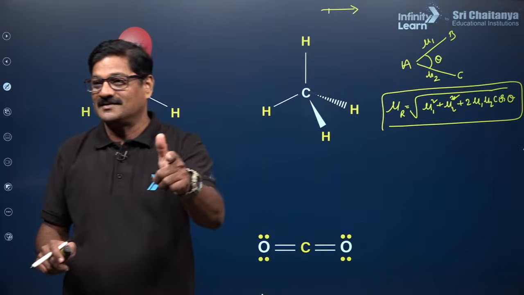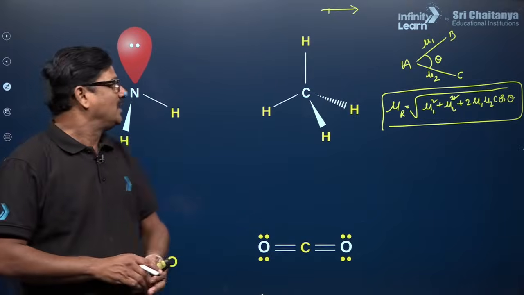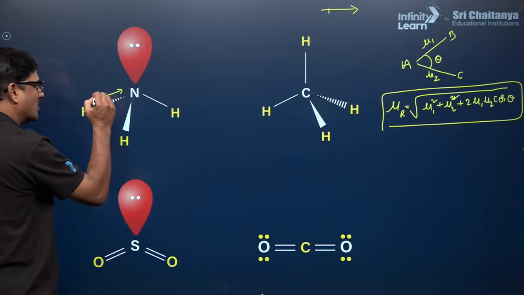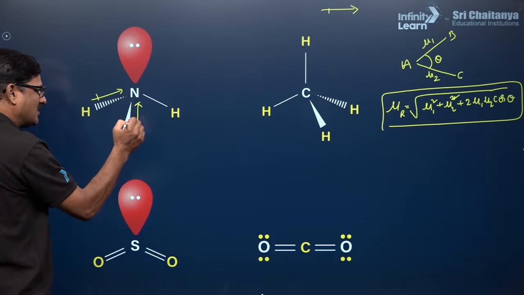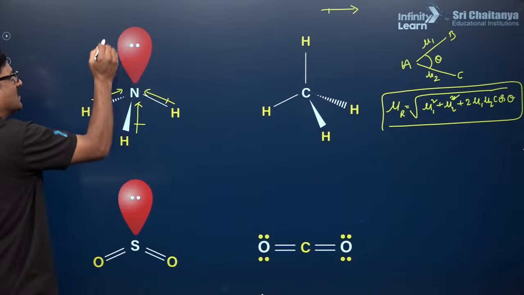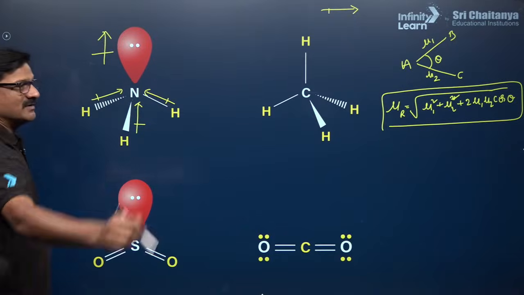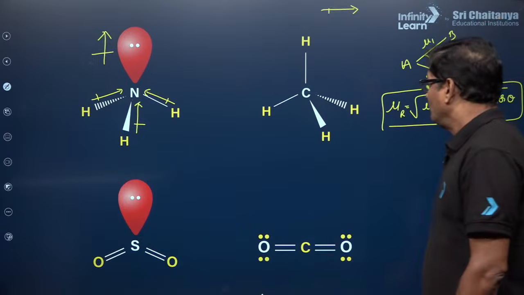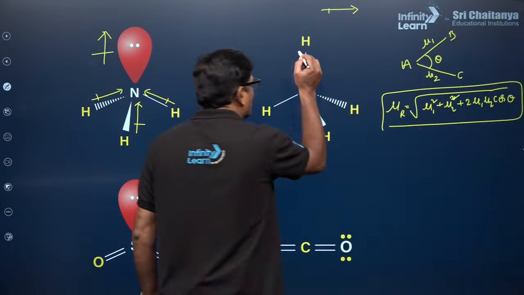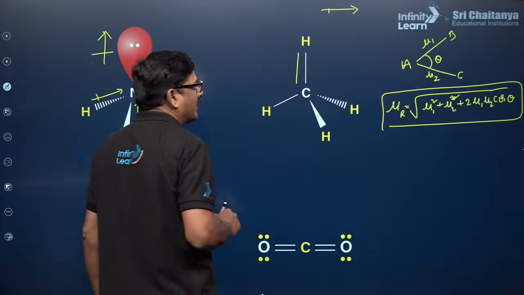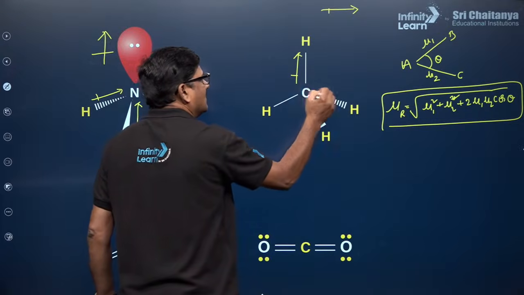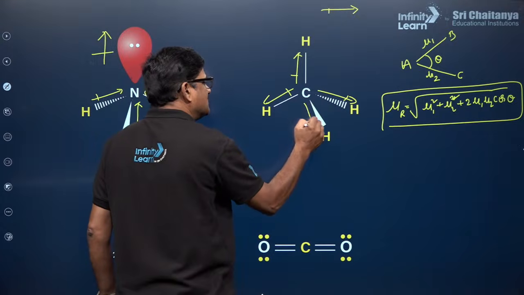Are you getting or not? So look at this ammonia. Nitrogen is more electronegative. Take this arrow in this way. So the resultant dipole moment is in this way. Now carbon is more electronegative, and you can see the dipole moment appears like this.